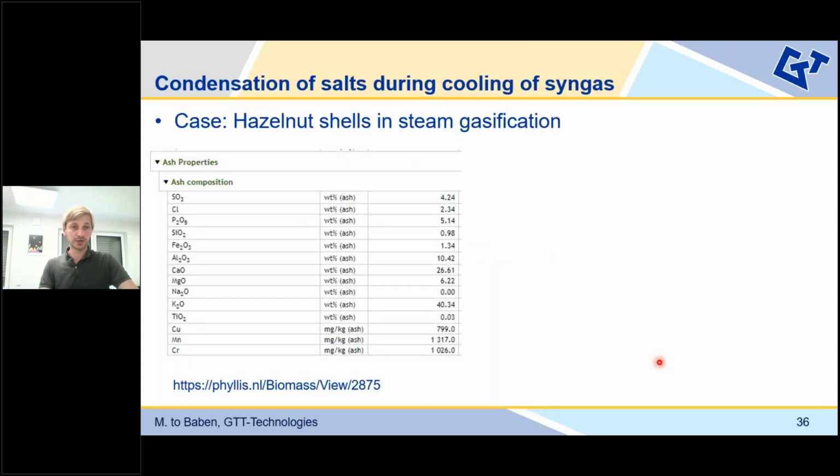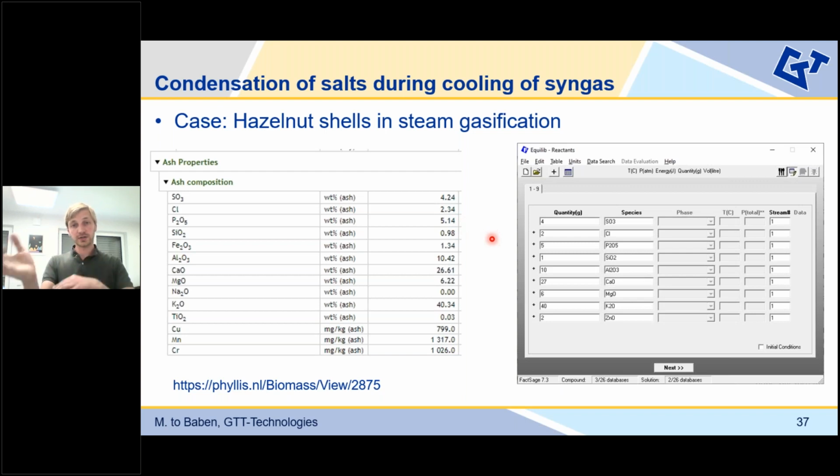Now here I've used hazelnut shells from steam gasification in a steam gasification application because this beautiful Phyllis database told me that this is a very interesting ash with high potassium content, high magnesium, 6% magnesium, calcium, but also actually quite a lot of fluorine, phosphates, and so on and so forth.